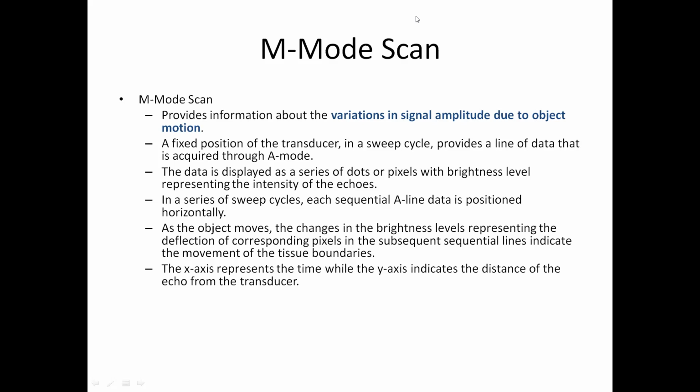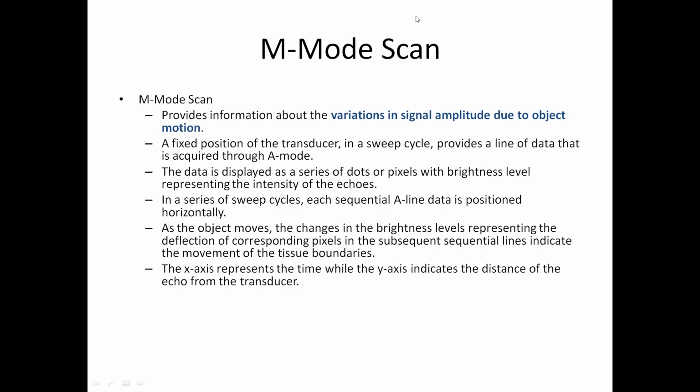In M mode, the data is displayed as a series of dots or pixels having brightness intensity values for the returning echoes. In a series of these sweep cycles, each sequential A-line data is positioned horizontally.